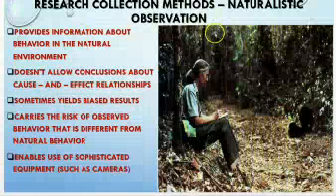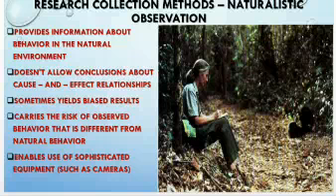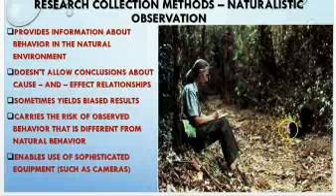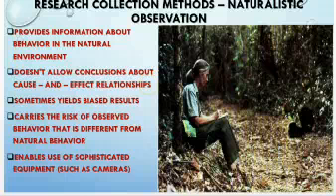Then we can also collect information and study behavior by doing a naturalistic observation. This is where researchers study subjects or individuals in their natural environment, or their natural habitat if they are studying animals. But it does not allow conclusions about cause and effect relationships, and it can sometimes yield a biased result.